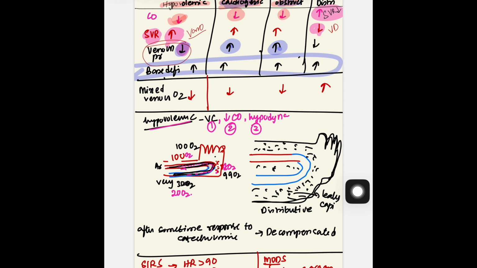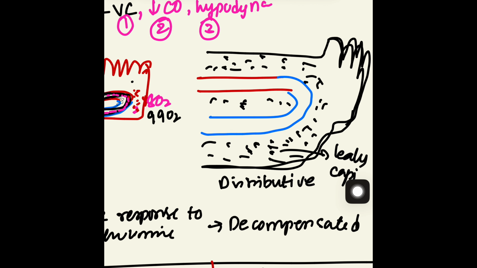Only one is coming back. So the mixed venous oxygen saturation is falling in hypovolemic shock. The same is with cardiogenic shock, the same is with obstructive shock. Now see, this is distributive shock. I told you distributive shock is nothing but leaky capillaries.